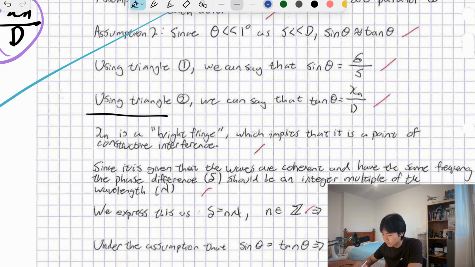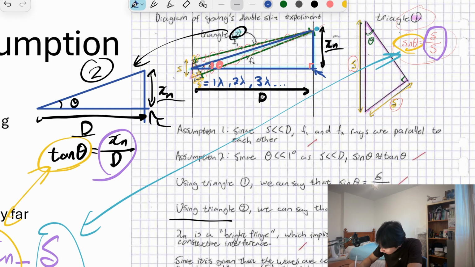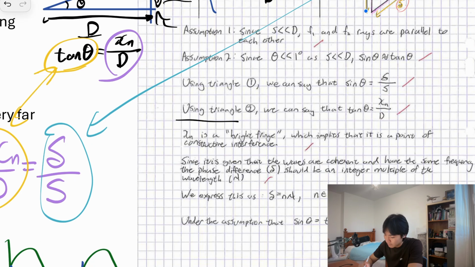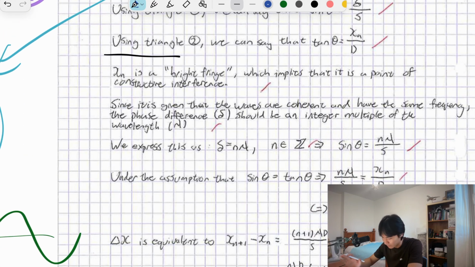It's a mouthful, but to explain it briefly: since the zone here, xn, is a point of constructive interference, the phase difference delta must be a whole number difference of the wavelength. Does that make sense? I hope that makes sense.